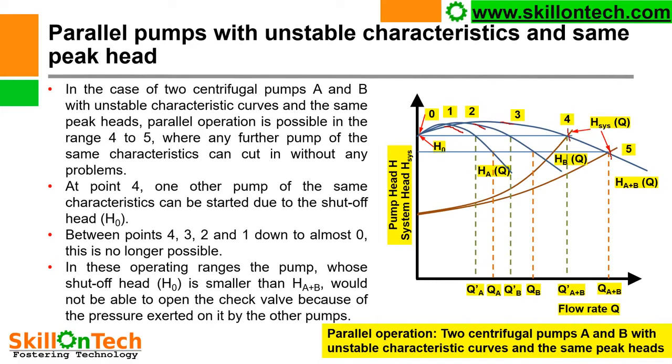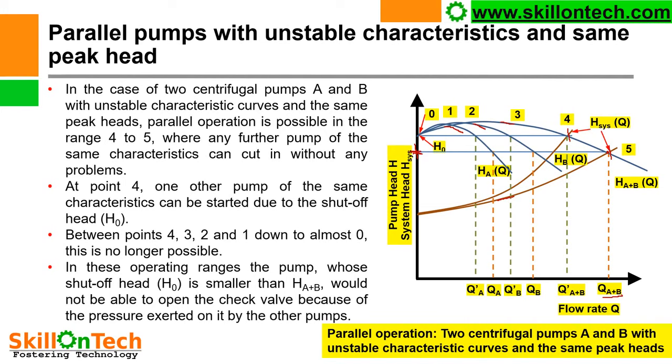If the system head curve cuts here at this point, both pumps can easily be operated in parallel, because the shut-off head of both pumps is higher and the operating head is here. Both pumps can be easily operated, and we will get this flow QA plus B, and the head will be here.